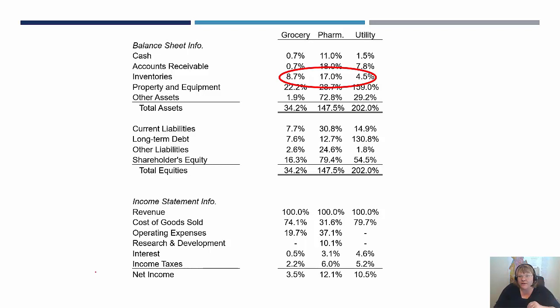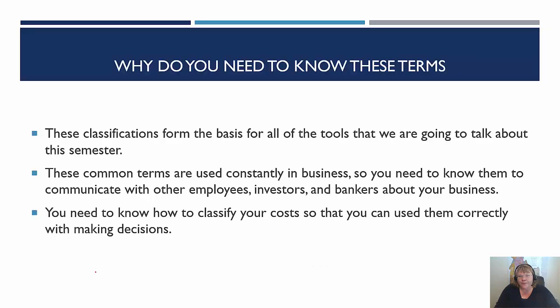All of that is in here. And then cost of goods sold comes out on your income statement, cost of goods sold. So you use your inventories to compute your cost of goods sold, and that tells you what your net income is. So I want you to know how it all works together and how it shows up on your income statements so that we can compute these going forward.